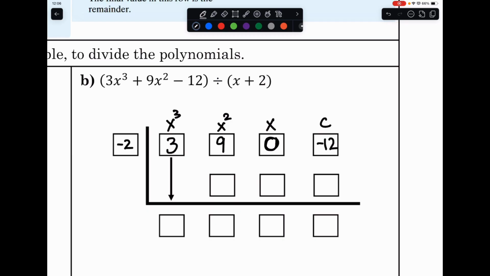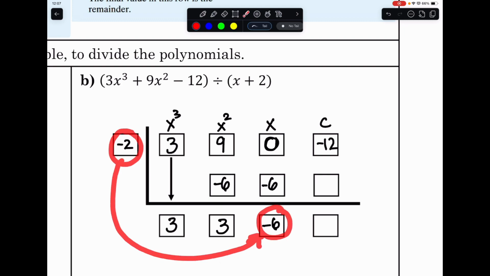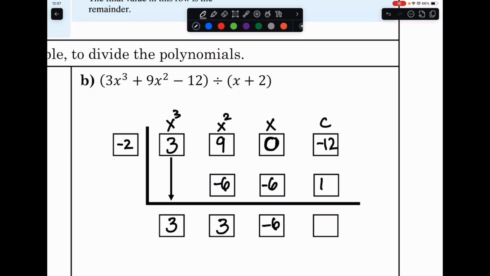So let's start our synthetic division by bringing down the 3 and multiplying our -2 with that value, which is -6. So that's going to go there. This adds up to a +3, and we'll multiply now a -2 with a +3 again, and that goes there. That adds up to -6, and now we're going to multiply our -2 with -6, which is +12, and that goes there.